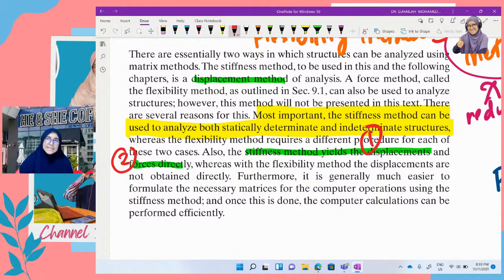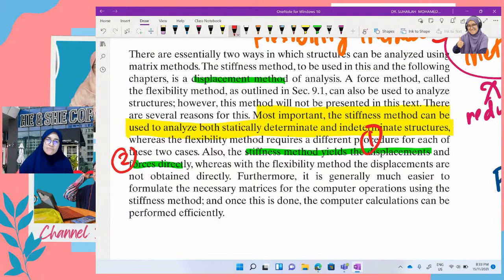But in stiffness method, the advantages of using stiffness method to analyze indeterminate structures: number one, we can calculate both determinate and indeterminate structures using stiffness method. Number two, we will get both displacement and forces directly.